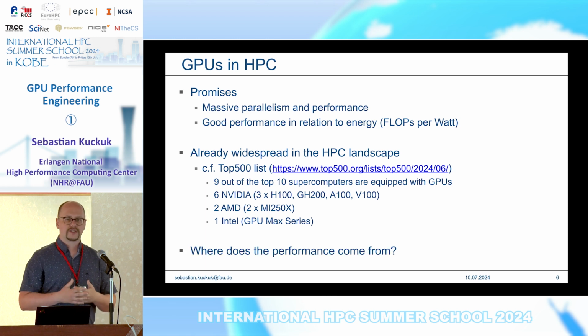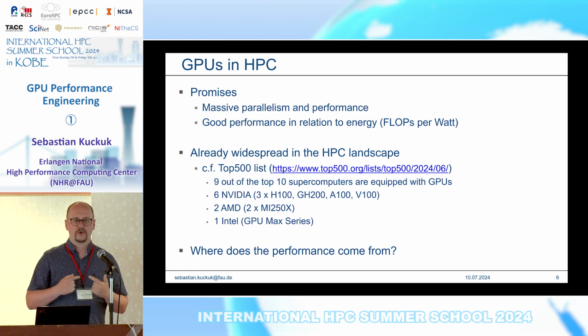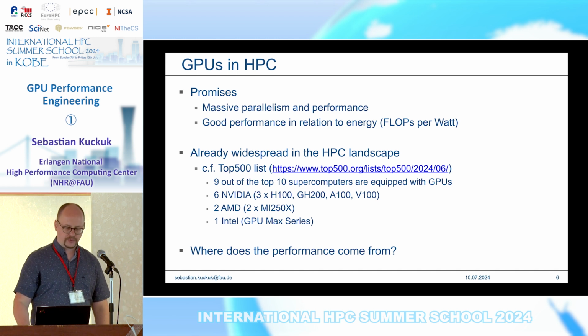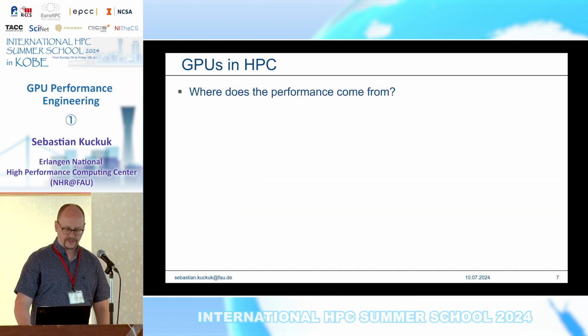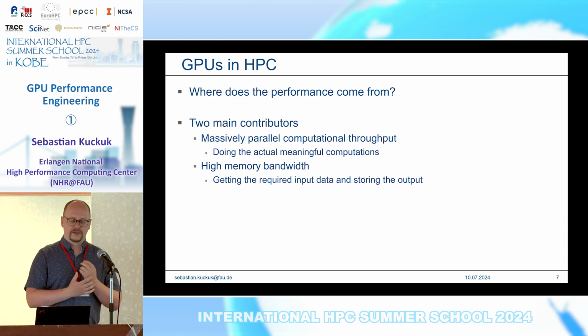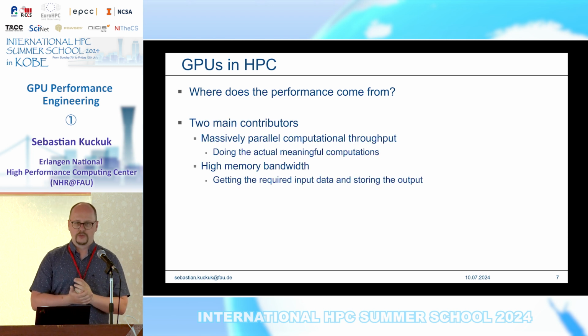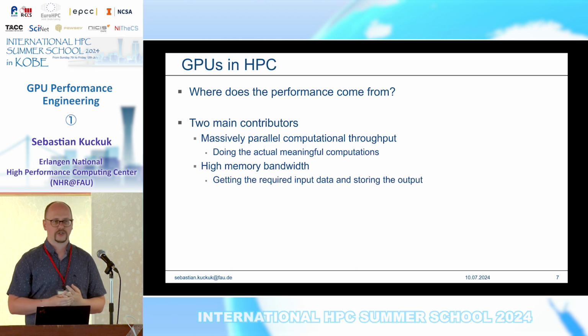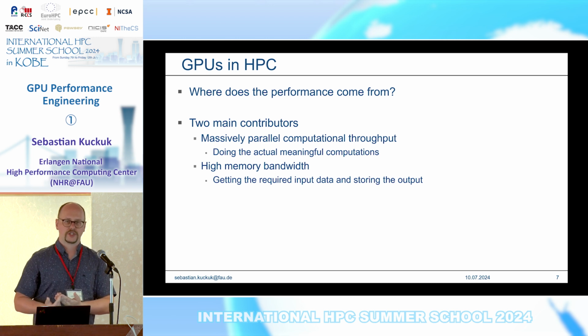And the question for us is, where does the performance come from, and how can we use that performance, and when do we know that our code is actually using close to 100% of the performance offered by the GPU that we have available at hand. Okay, and architecture-wise, there are two main contributors. So first of all, we have a massively parallel computational throughput, meaning we can do a lot of computations in parallel at a high speed, moderately high speed compared to CPUs. And this is what you're interested in, because this is giving you the speed that you can do your meaningful computations in.